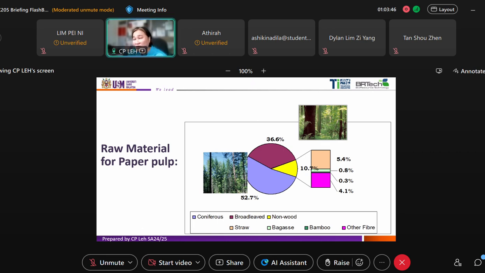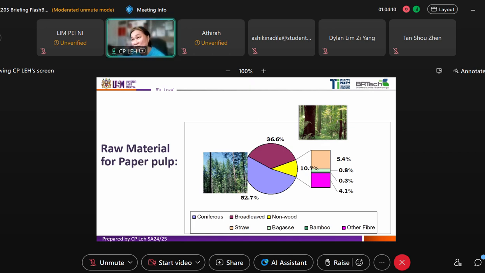How to see the compact cell structure? You can see the vessel is very hollow. That means if the softwood has a lot of vessel, then it should have lower density.